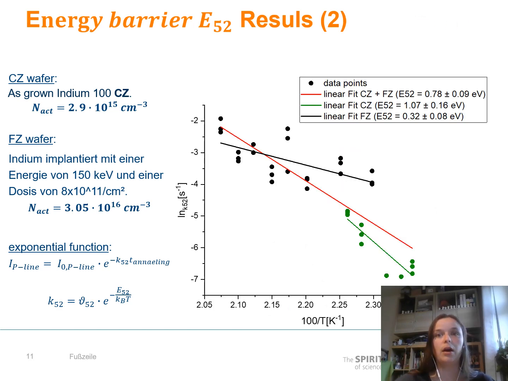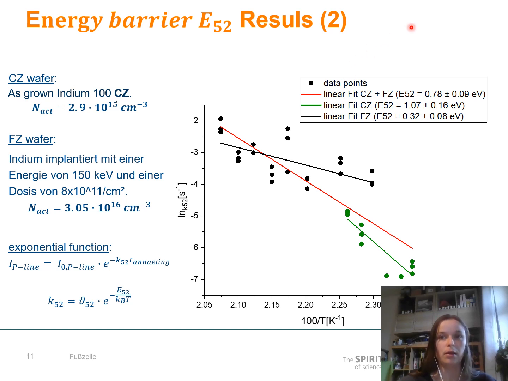Now, these are our calculated results. The energy barrier calculated after fitting the measurement data is 1.07 for our Czochralski samples, 0.32 for our float-zone samples, and when we fitted them together, we get 0.78 electron volts.